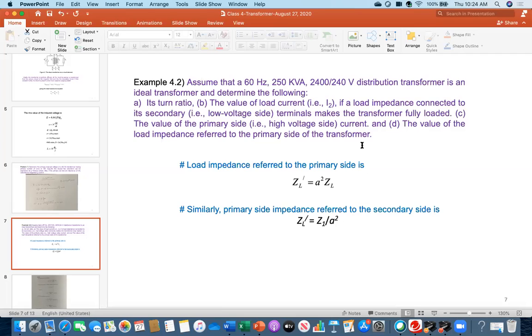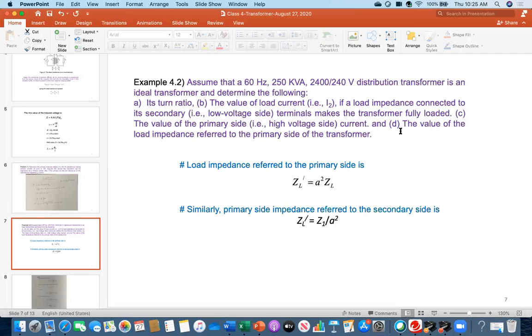But here the question is the value of that load impedance referred to the primary side. Even, for example, if there is an impedance on the primary side, what is the value referred to the load side? So that's why we have to use this equation: load impedance referred to the primary side.